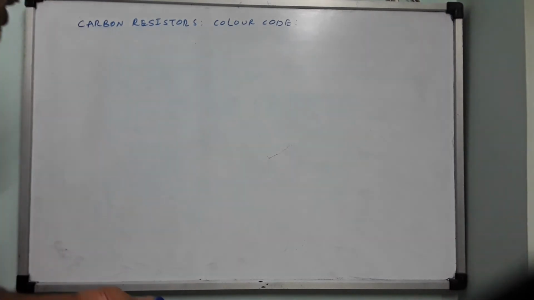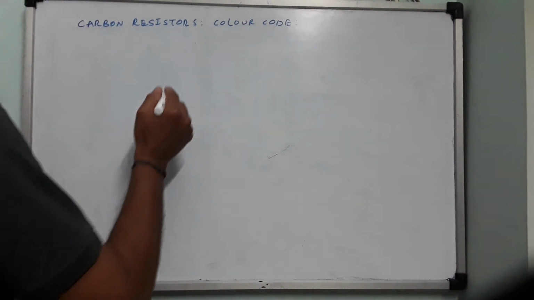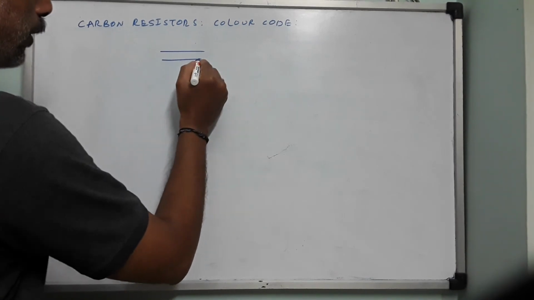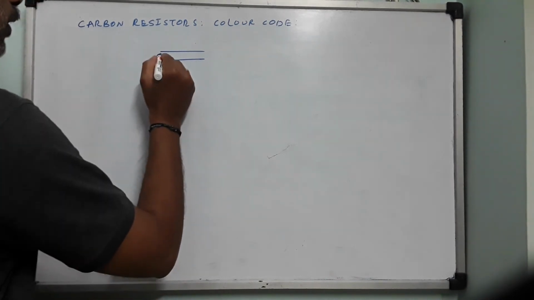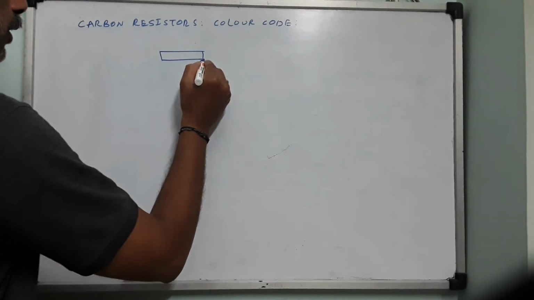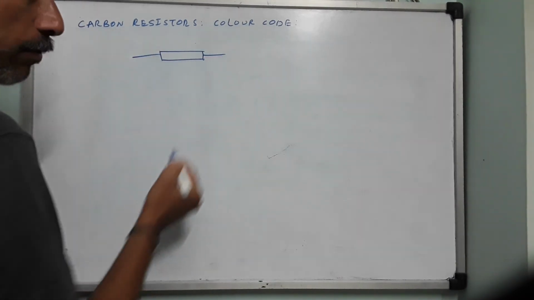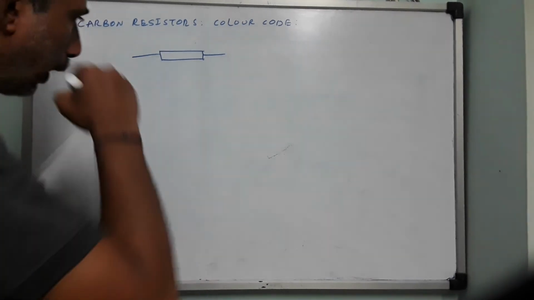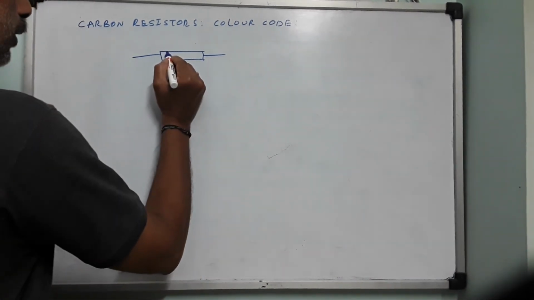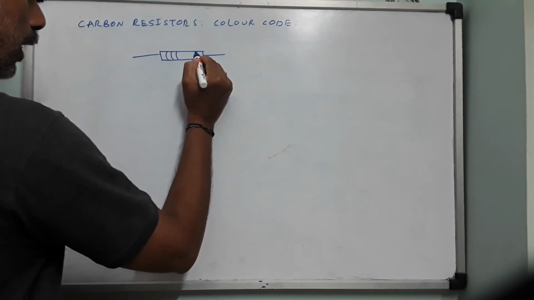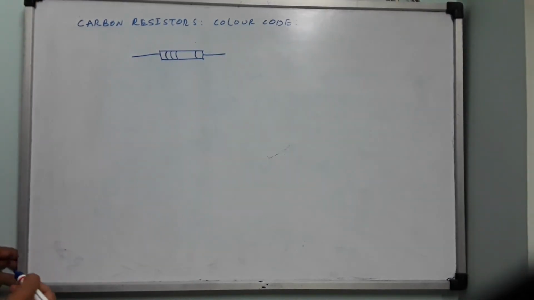How a resistor looks like is, it is simply a capsule like. I am making the diagram a little bit big for easy understanding. It's like this, and here there is a wire, here also there is a metallic wire. These are for connections only. So on the body there is a ring like this, another ring like this, another ring like this, and at the end there will be a fourth ring.